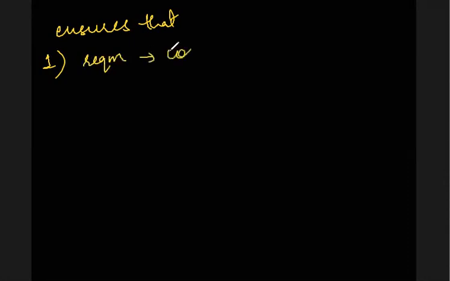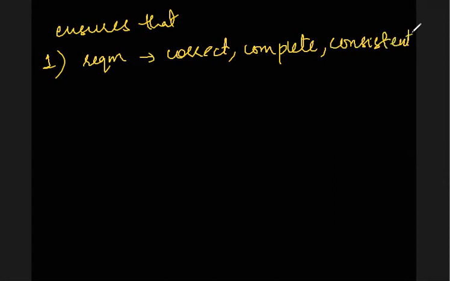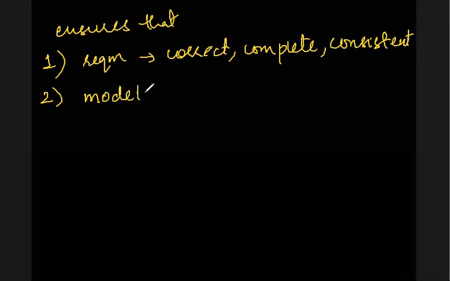Now, what is going to happen while you're doing the validation of requirements? Validation ensures, first, that all the requirements that you've stated are correct, complete, and consistent. That is, they are not changing based upon a specific time. The second is that a model can be created.